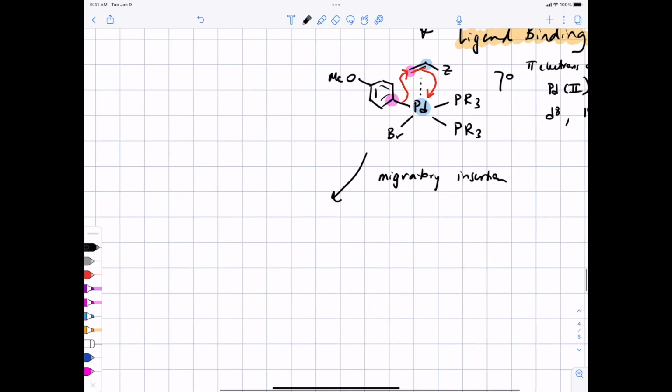All right, let's draw what that looks like afterwards. A new thing that's bonded to the metal is the blue carbon of the olefin.